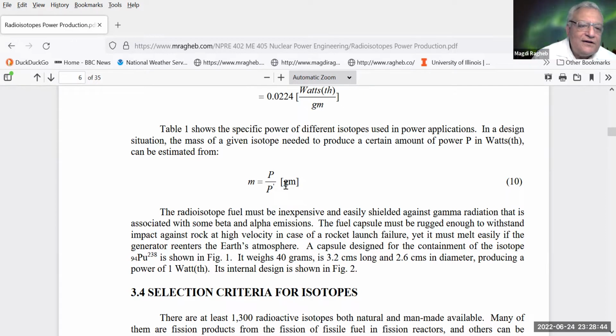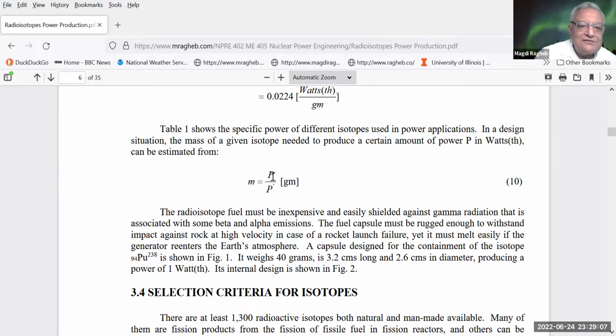So how many grams do you need to produce a certain amount of power? It's very simple. You take the number of watts that you need, divide by the specific power, watt and watt cancel out, and you end up with grams. So here it is, the design equation for the whole process: you calculate the specific power, then you write down the power that you need.